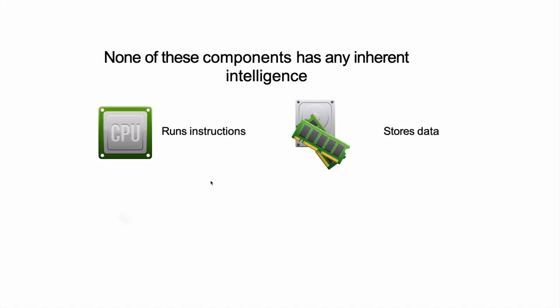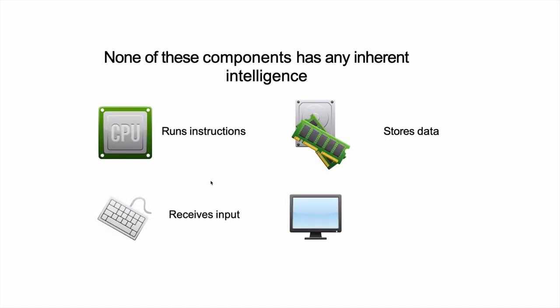So we already talked about computers not being intelligent, and all of these components of computers are not intelligent as well. The CPU's only task is to run instructions. RAM and storage only store data. Keyboard, mouse, and other input devices are only tasked to give input to the computer. We have monitors, which only show the output.